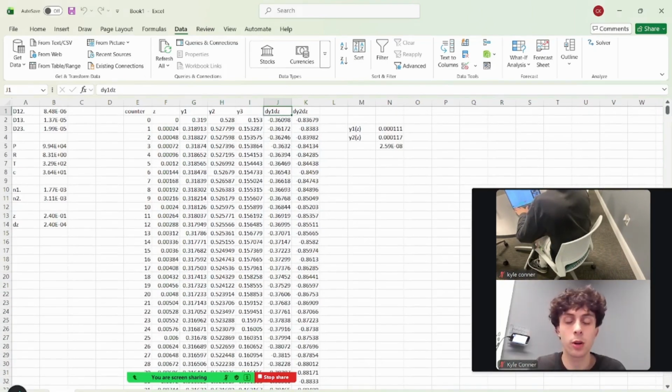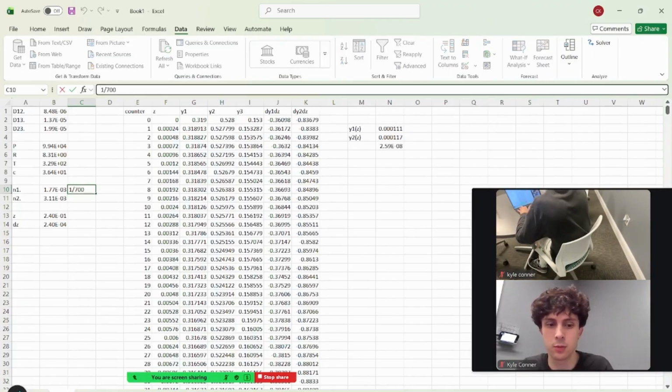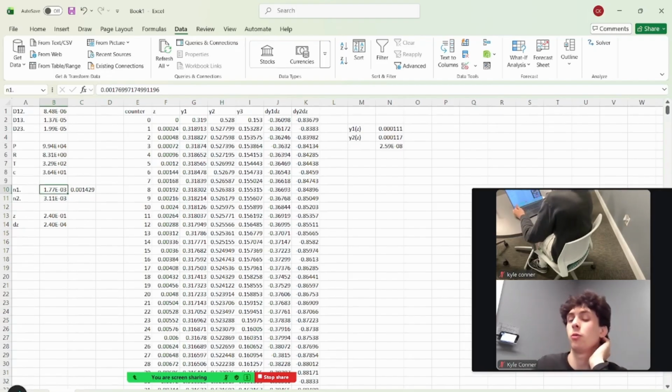So, you guys remember what our initial guess was? We guessed about 1 over, I believe it was about 700. So 1 over 700, which is 0.1429, which in retrospect is not that bad of a guess. It's about 0.0003 off, which in retrospect is pretty good.